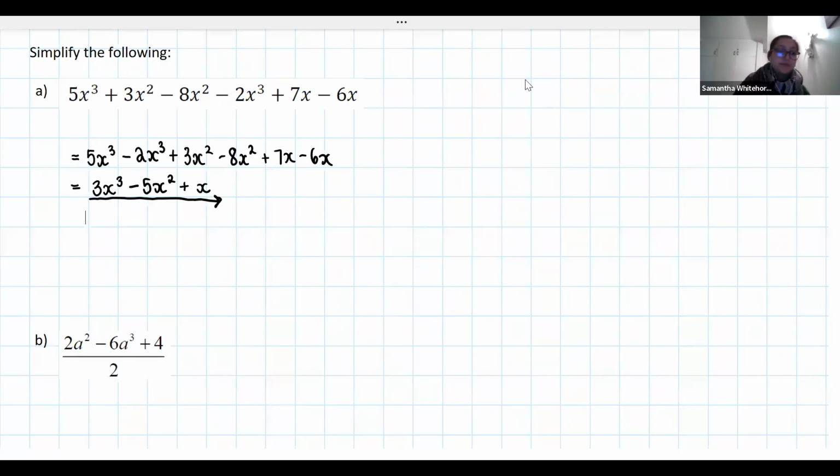Try question B. Right, so again, my hint, you can separate the fraction.